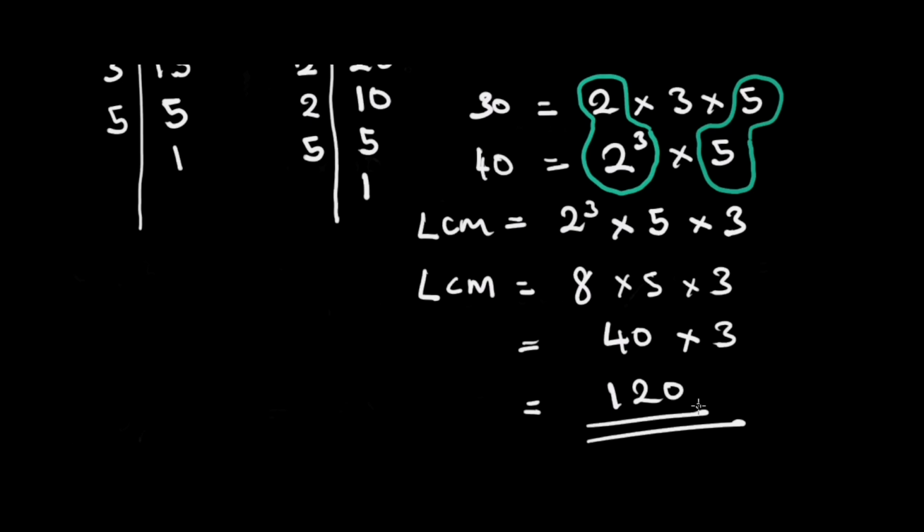So 120 ndiye the lowest common multiple ya 30 uye ya 40. Maybe as practice mogona kuconfirma this answer nekutsvaga mafactors a30 nekutsvaga zvakare mafactors a40 muone kuti answer ya 120 yechokwadi here.